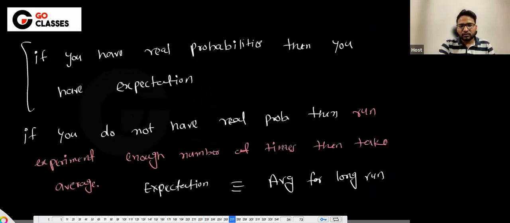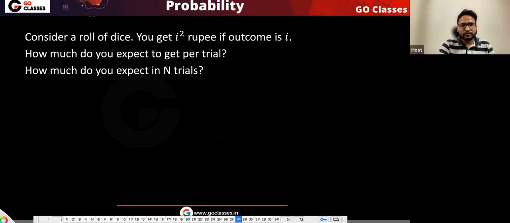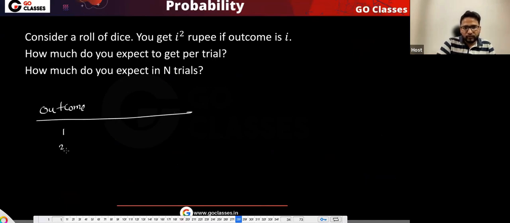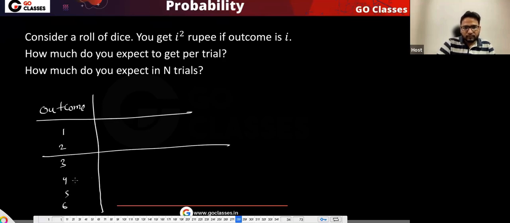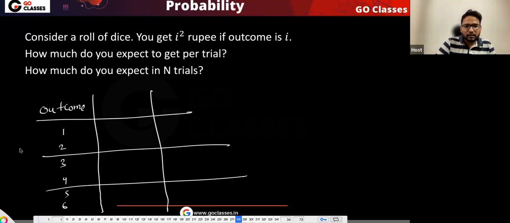Okay, so let's move to this question. Now they are saying consider a roll of die, and you get I square rupees if the outcome is I, which means the outcome could be 1, 2, 3, 4, 5, or 6. Okay, and let's suppose these are the rupees that you get.